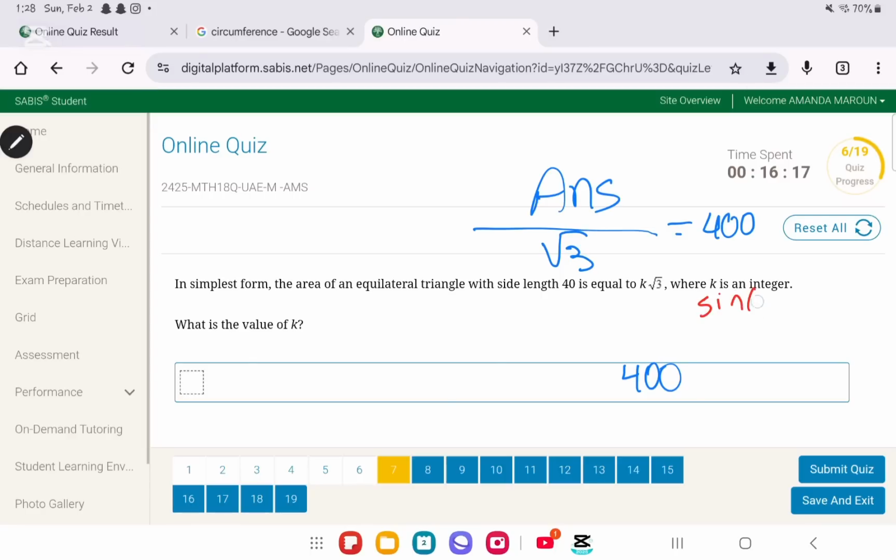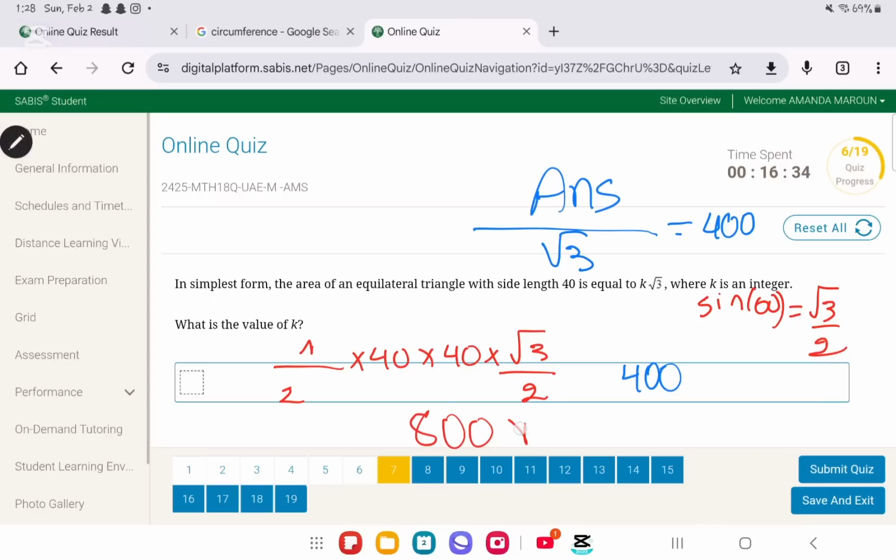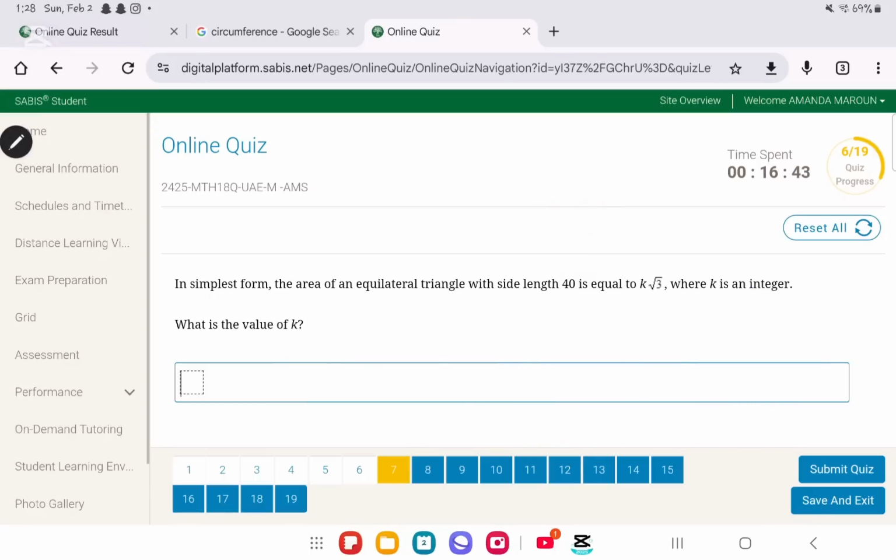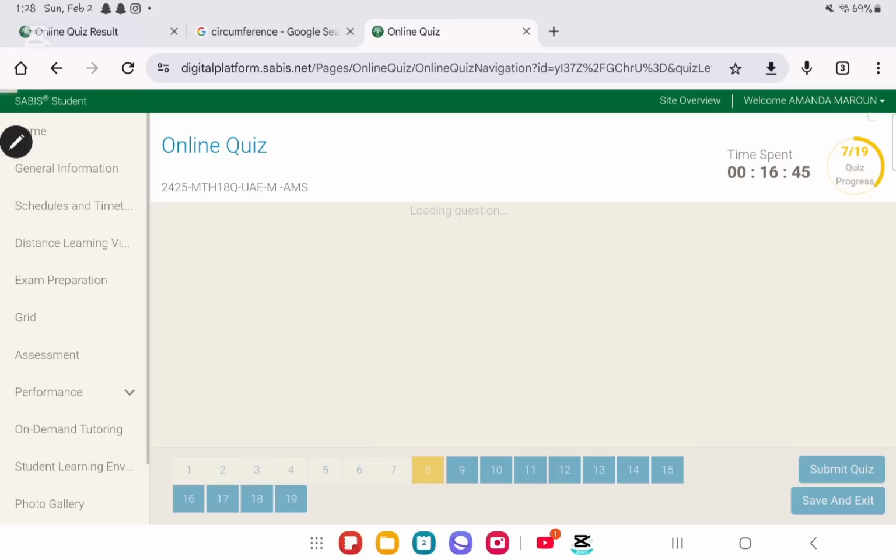You know that sine 60 is radical 3 over 2. So it's 1 over 2 times 40 times 40 times radical 3 over 2. 1 over 2 times 40 times 40 is 800, so 800 times radical 3 over 2, cancel, and you get 400 radical 3. Either way, the answer is 400.